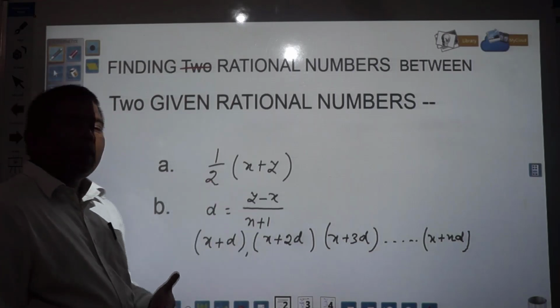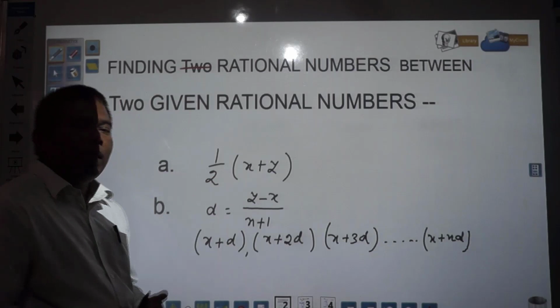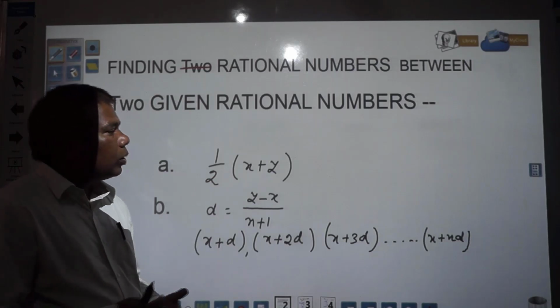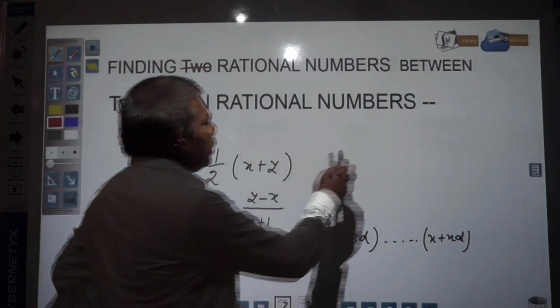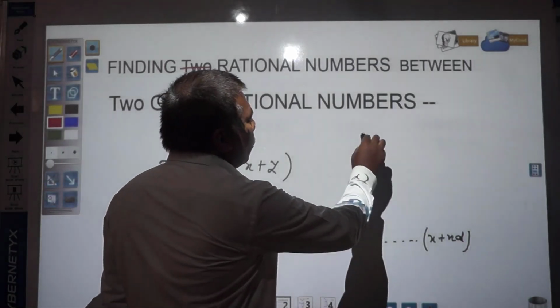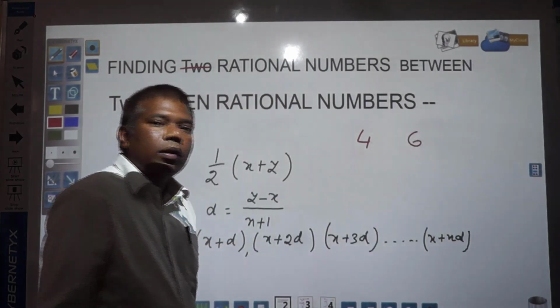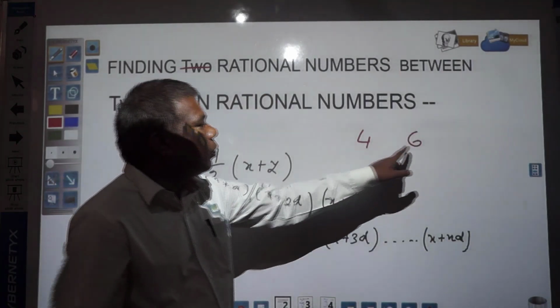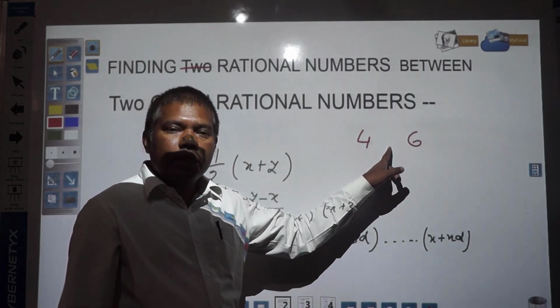But before that, let's understand in a very simple way how these formulas work. Take simple integers. Suppose you need to find one number in between 4 and 6. It is very simple: in between 4 and 6, the number is 5.